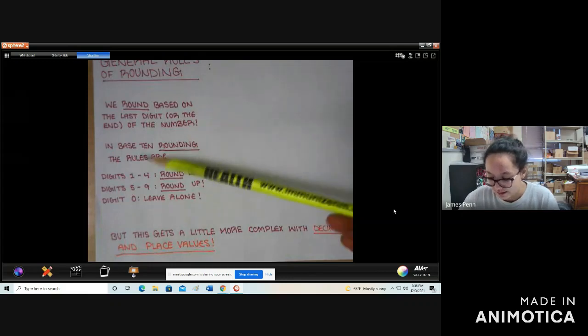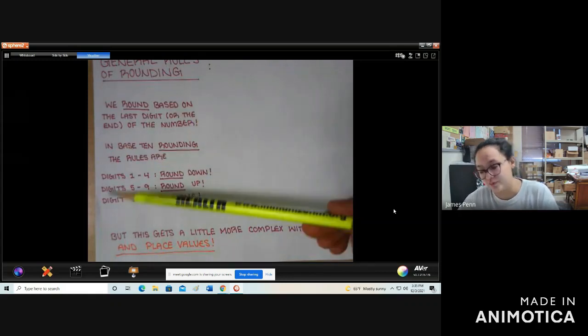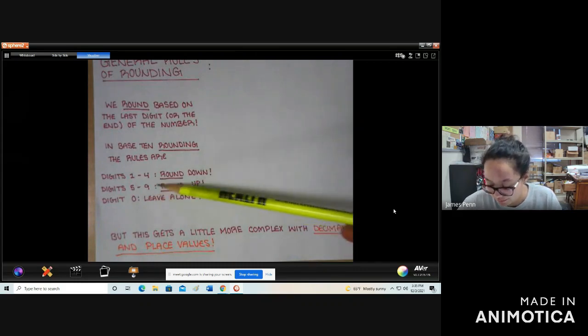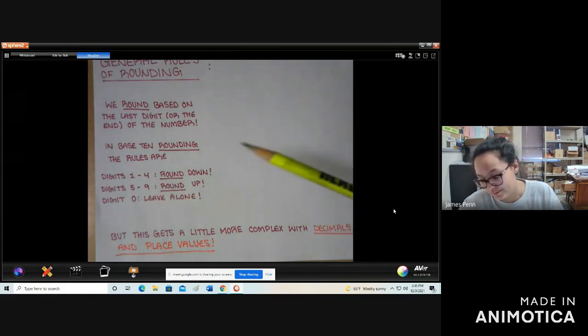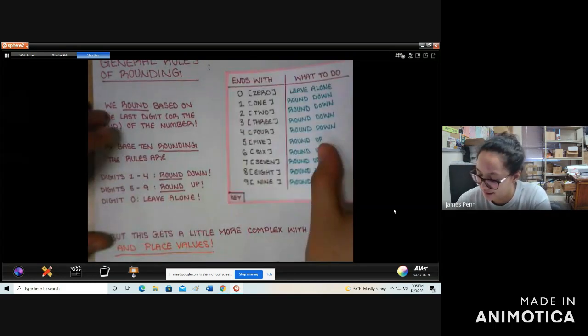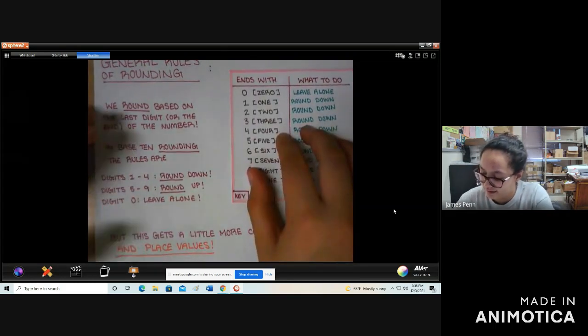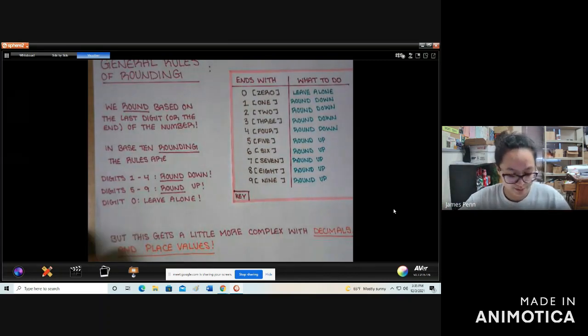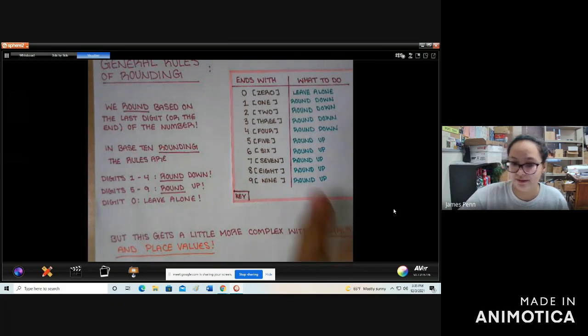In base 10 rounding, the rules are digits 1 through 4, round down. Digits 5 through 9, round up. Digit 0, we can leave alone. I have a little key. But this gets a little more complicated with decimals and place values, which we will talk about now.